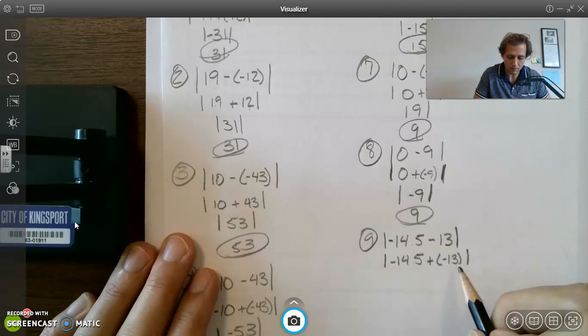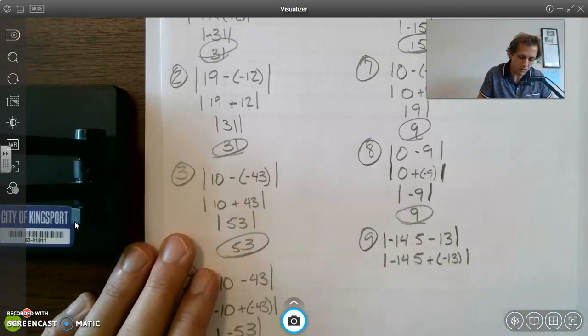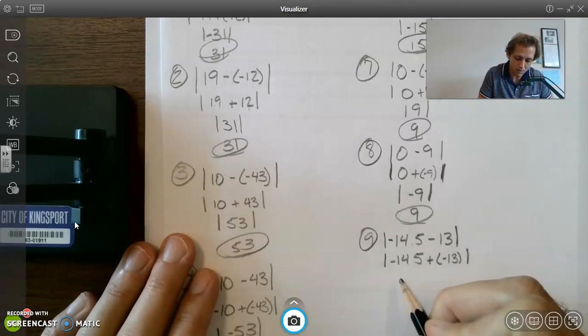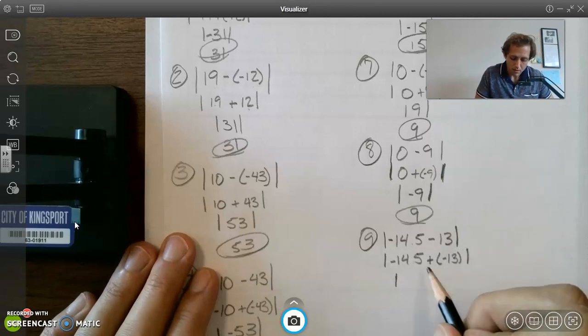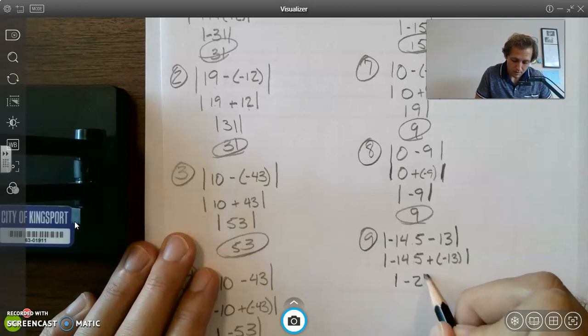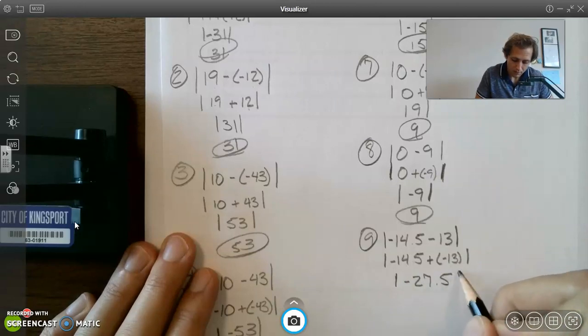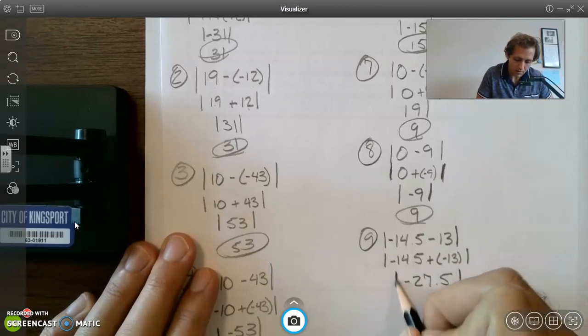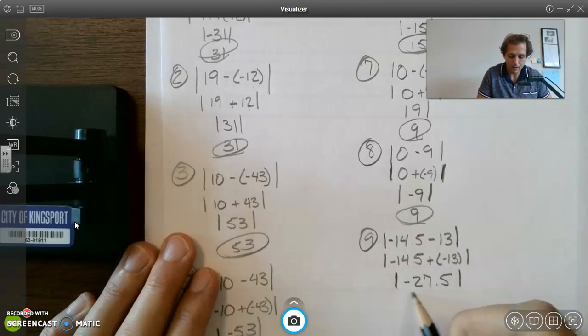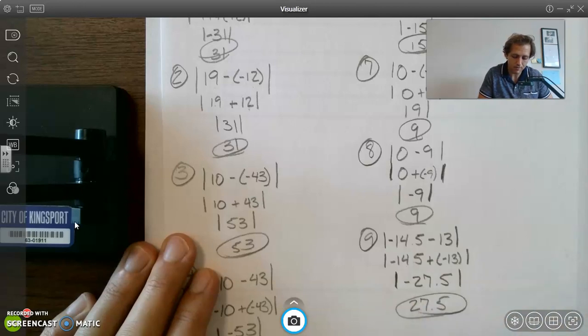These two numbers have the same sign, so they are going to continue to get further away from 0. Negative 14.5 plus negative 13 is negative 27.5, or 27 5/10. And the absolute value of that would be 27 5/10.